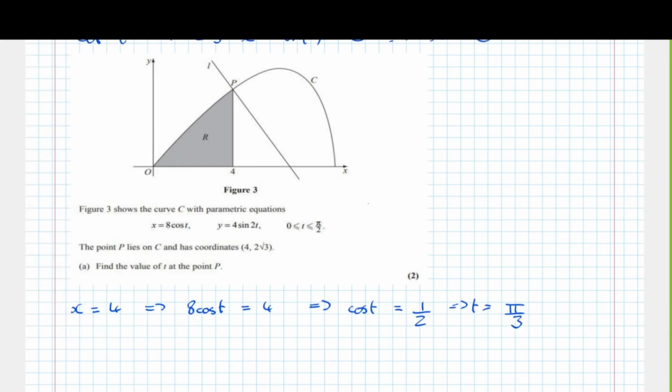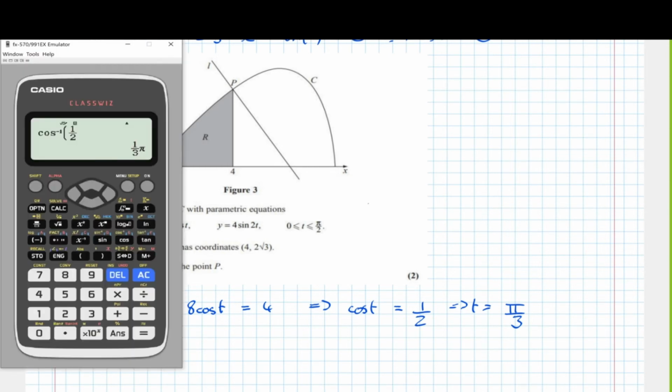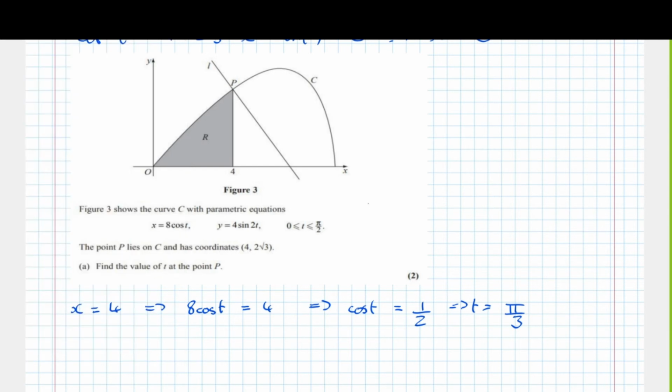Now we've got to check that with the y coordinate to see if it truly does generate that particular point. So for sine of 2 lots of pi over 3, is 2 root 3 as required. So I'm going to check for sine 2 pi over 3 equals 2 root 3, which is right.